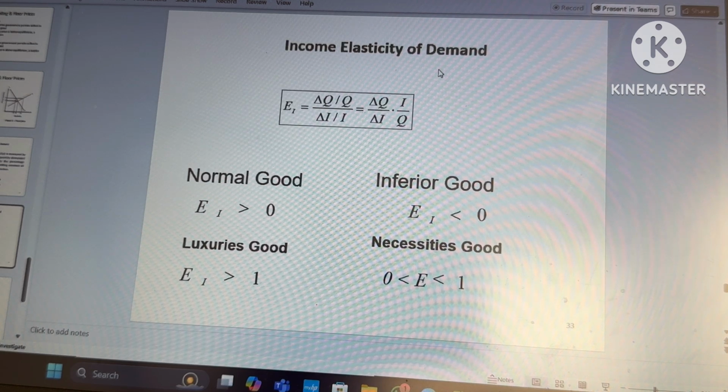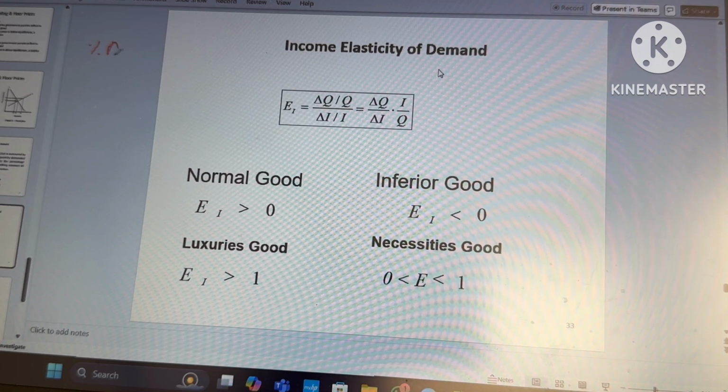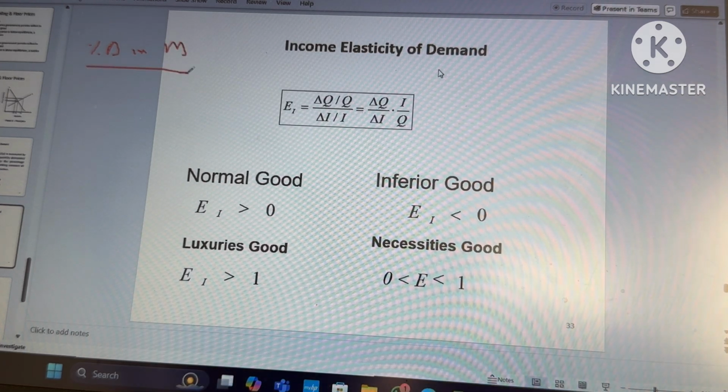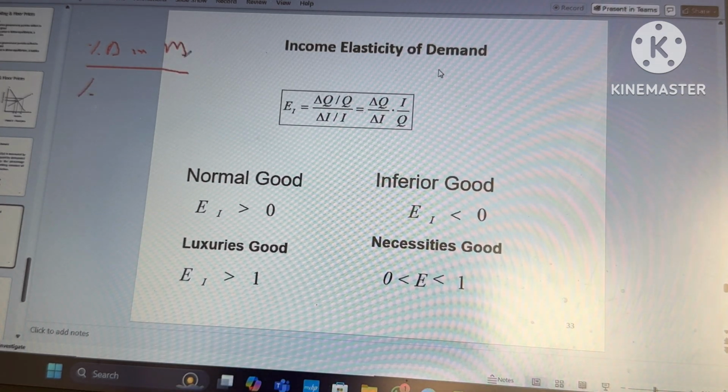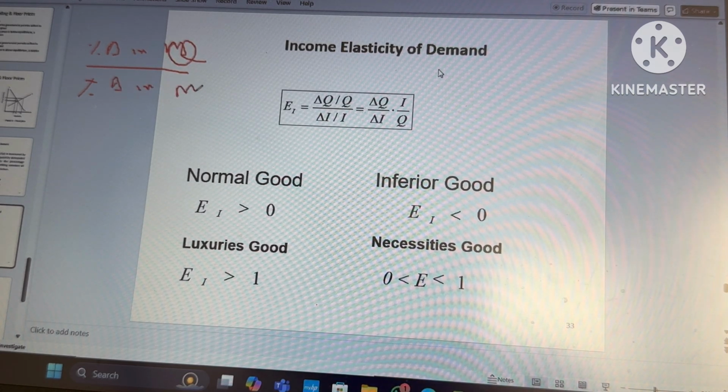Yeah, was it not clear to you? It's a bit confused. So I just said percentage change in quantity divided by percentage change in income. That's what I said.